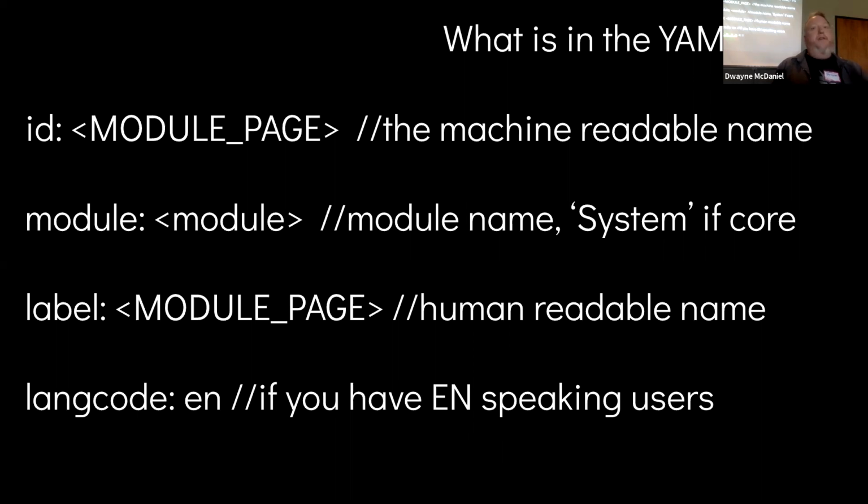But if you can't find the module routing, just system is what you're going to use here. We'll get to routing in a bit. That'll make more sense. We need to give it a human readable name. Why not tell it the same thing we told the ID? Just keep it simple. And then language, I don't know if you can use other languages for this. There's a suggestion you can, but that's all it is.